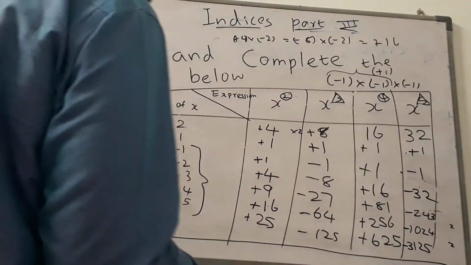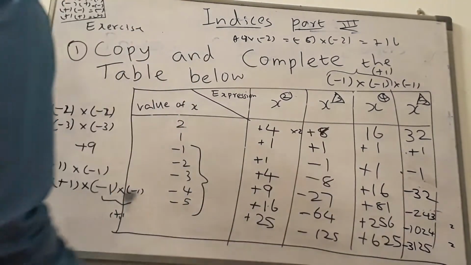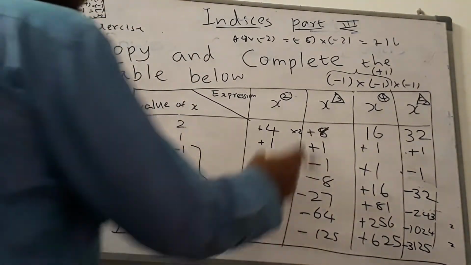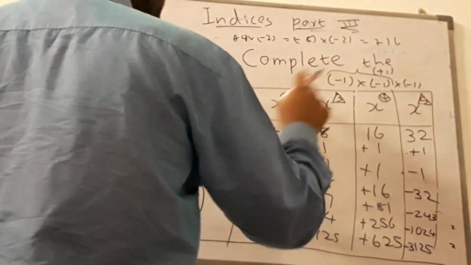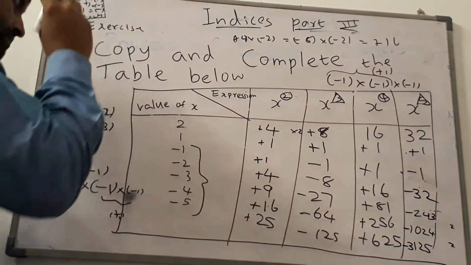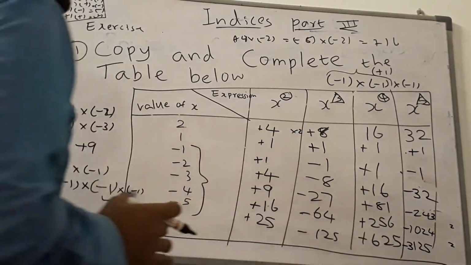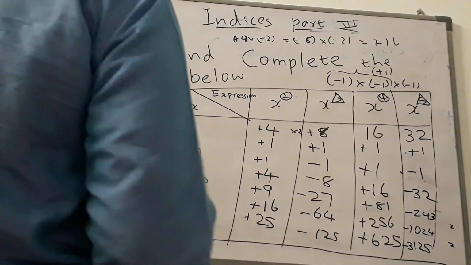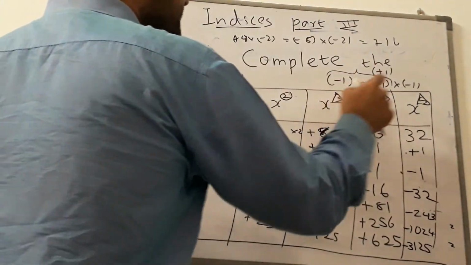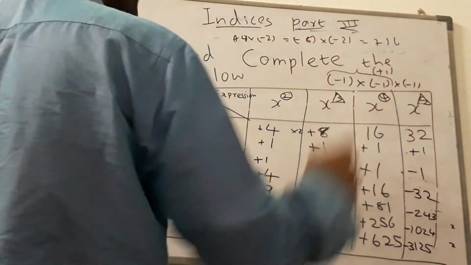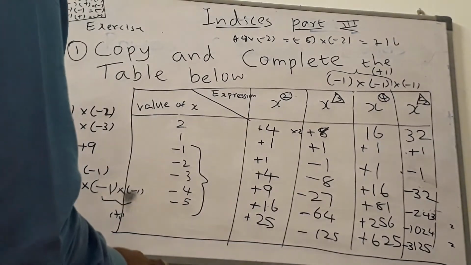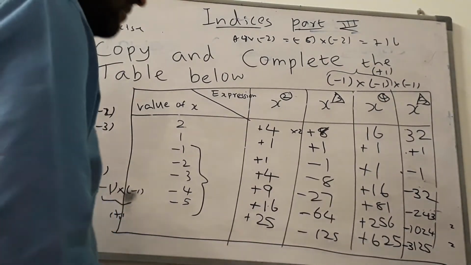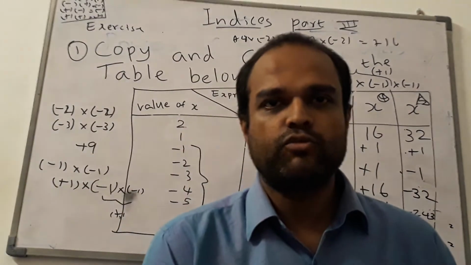To the power 5, it will be minus. So the conclusion we can get is, if the powers are even, the answers are positive for negative figures. Same as, if the indices are odd, the answers become negative, but these are only relevant to negative integers. Okay, that's it for today. Thank you very much.